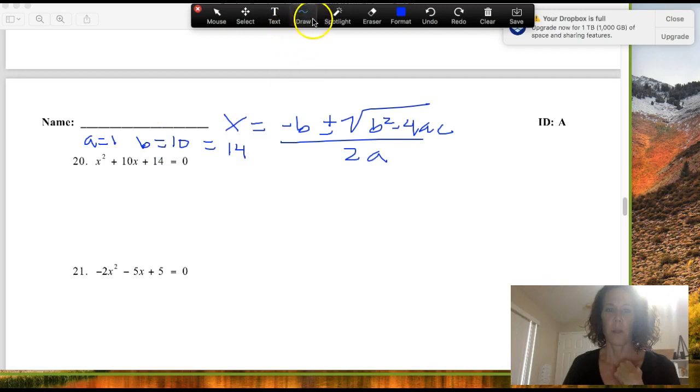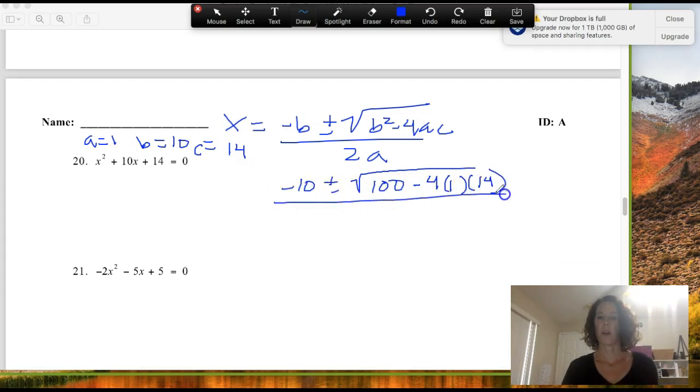So we're going to plug in -10 for b, plus or minus the square root of b squared, which is 10 squared, which is 100, minus 4 times a, which is 1, times our c value. Oh, I just wrote equals. I meant to write c equals. Times our c value is 14. Now we're going to do that all over 2 times our a value, which is 1.